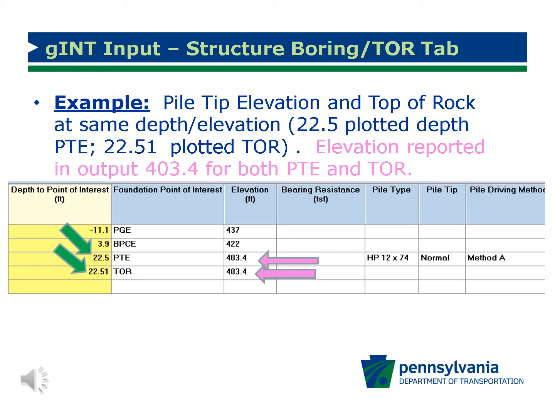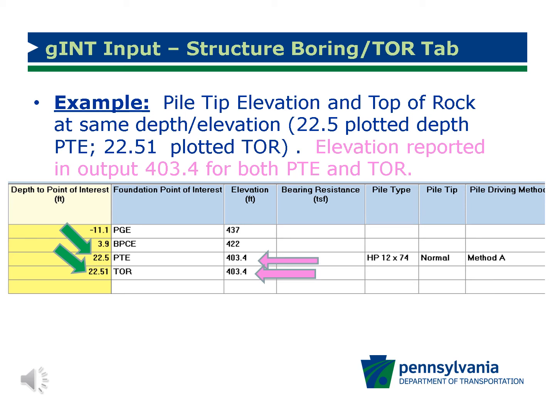For this example, the depth of the pile tip elevation and the top of rock are identical with a depth of 22.5 feet and an elevation of 403.4. However, the depth of the point of interest, the yellow highlighted field, cannot be duplicated, so the depth to the pile tip elevation is entered as 22.5 and the depth to the top of rock is entered as 22.51.